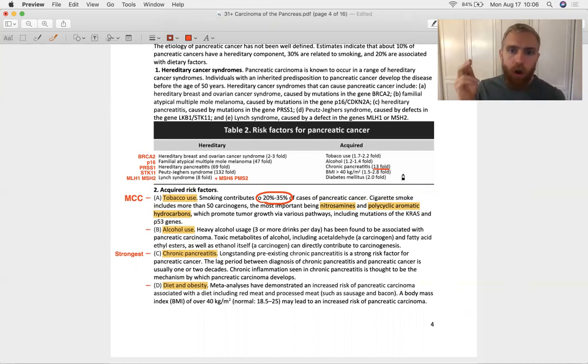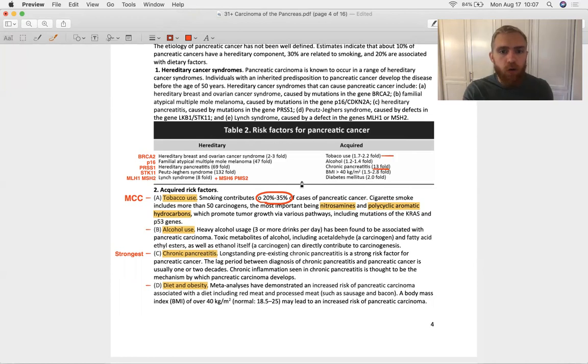And if you remember from that last SDL about pancreatitis, your rate of developing cancer is about 5% in that chronic pancreatitis population, which is drastic compared to normal. So again, pancreatitis, the most significant. Tobacco increases your risk about 200%, most common.